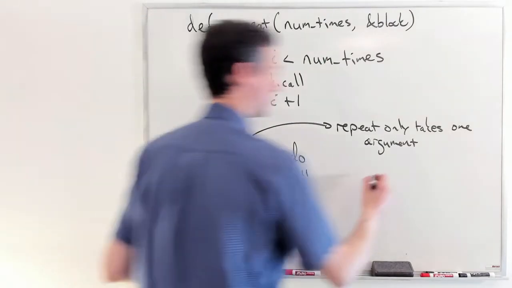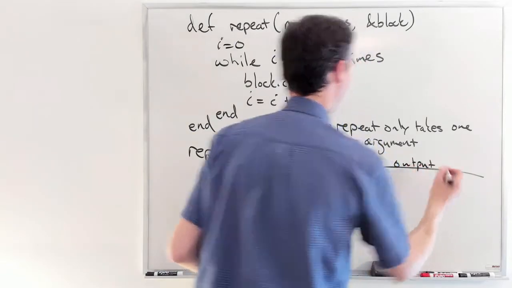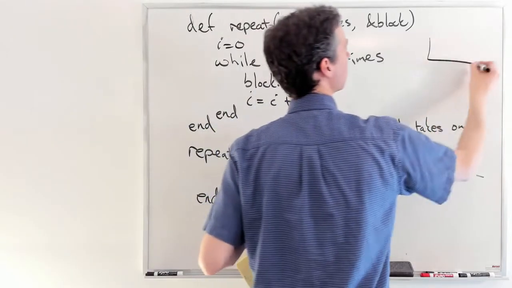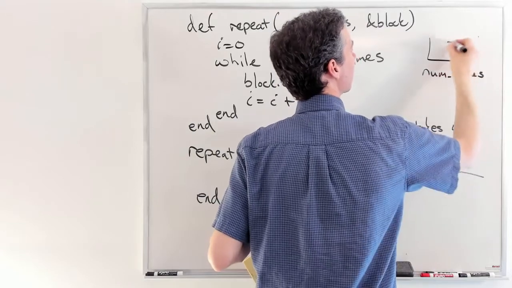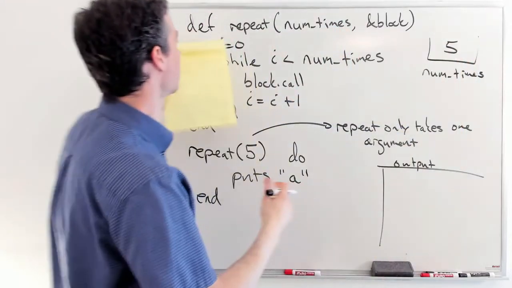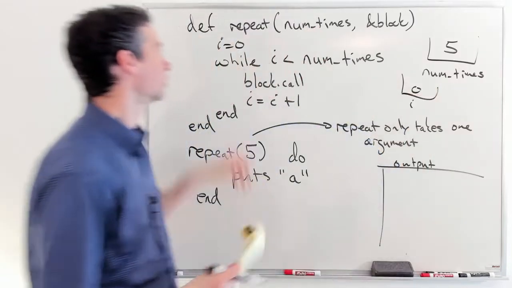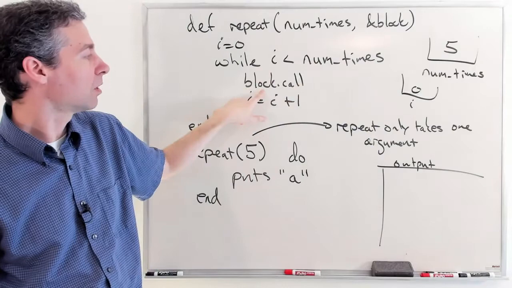And, as you would expect, we go look at its output. What happens here is we take the 5. And so if you want to, you could say you've got num times, and a 5 goes in it. We come into here and we make I, and I is at 0. While 0 is less than 5, call the block.